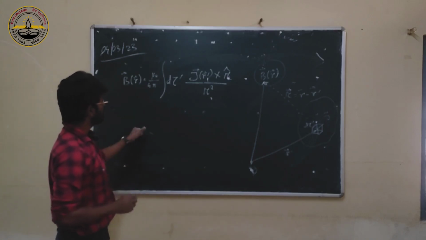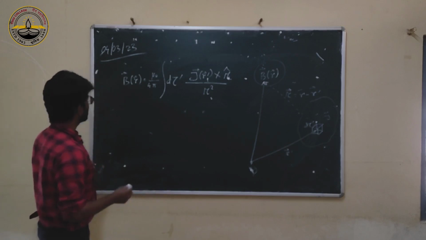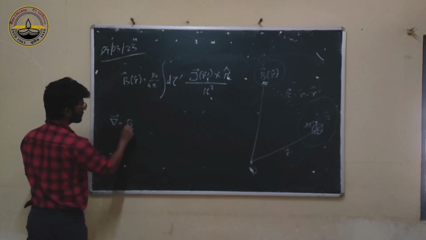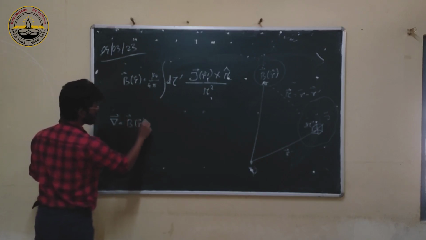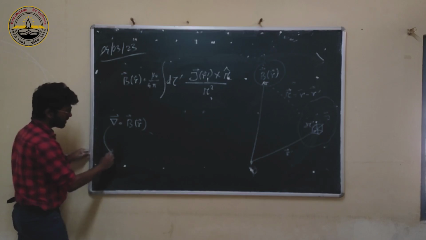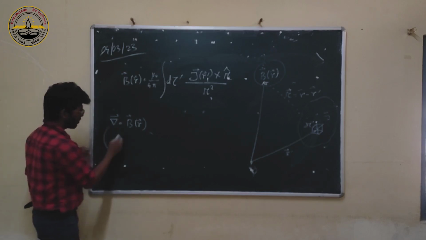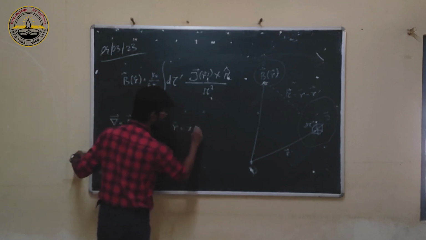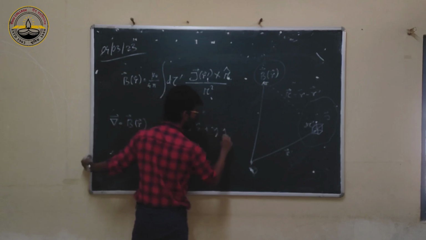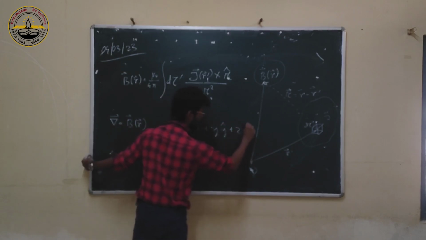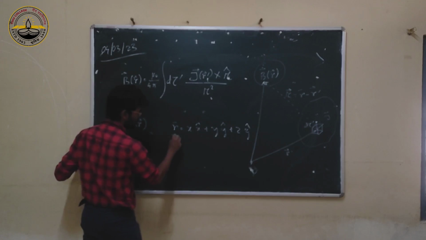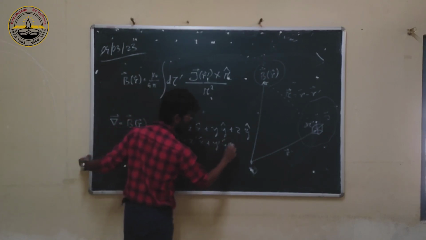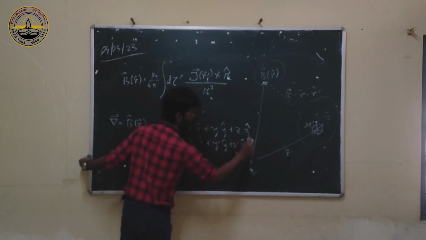Okay. Now, if I say that I'm going to take a divergence of this, what I mean is this thing is over the coordinate x, y. So r we can write as x x cap plus y y cap plus z z cap, right? While r prime is x prime x cap plus y prime y cap plus z prime z cap.